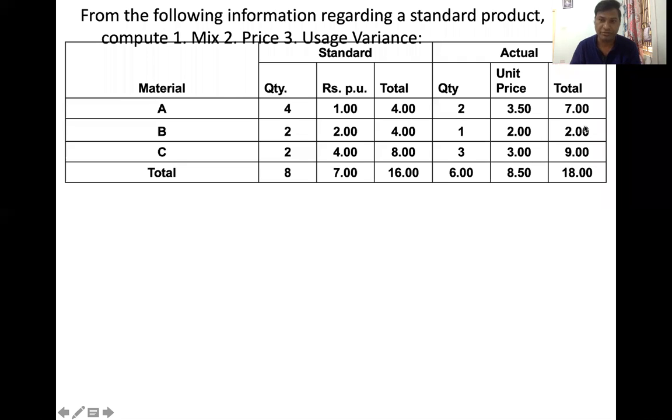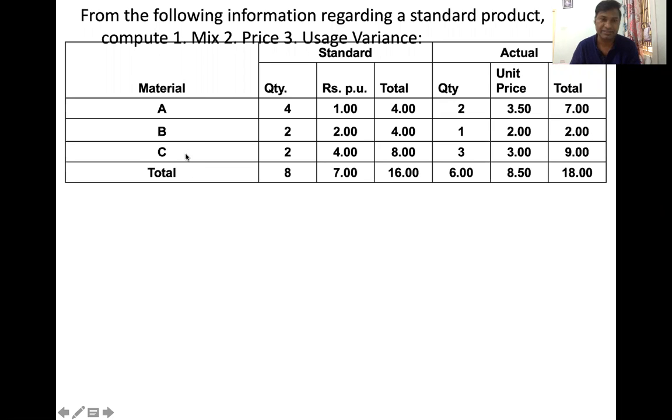So 1 into 2, 2 rupees is the total cost actually incurred for material B. Material A actually cost 7, material B actually cost 2.